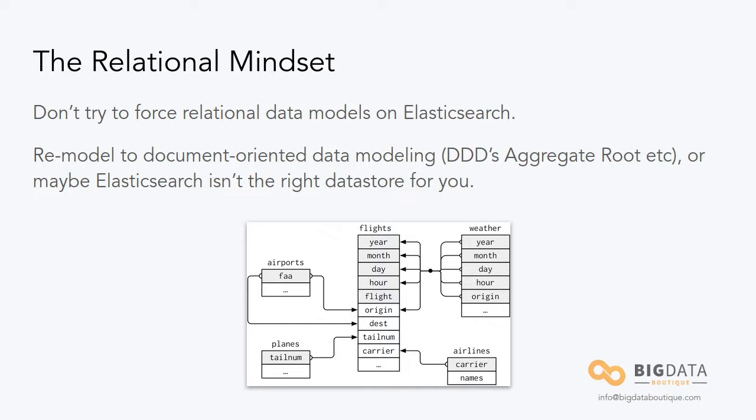For example, using domain-driven design's aggregate root concept, and things like that to get to a point where a single document represents an entire entity without any strong relationship with other documents or indexes.